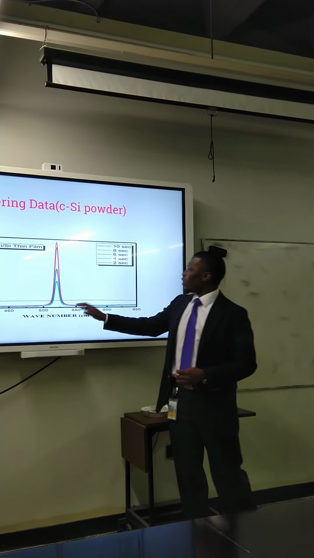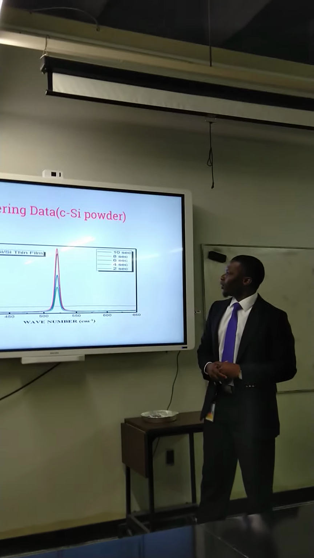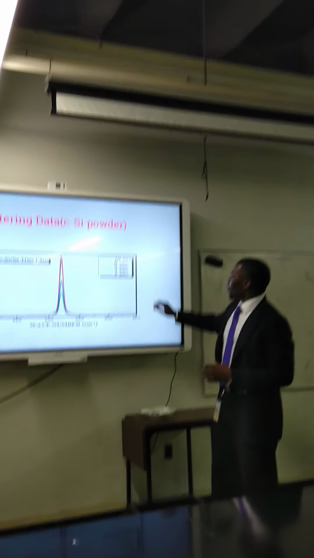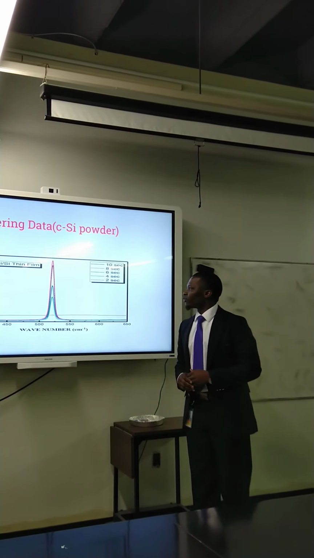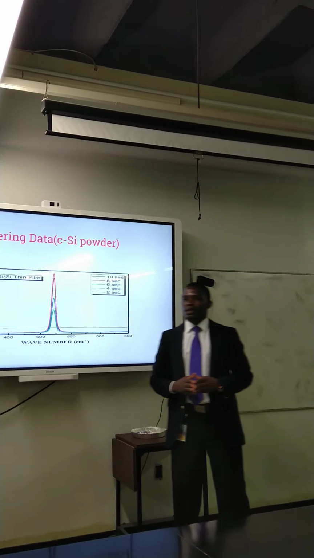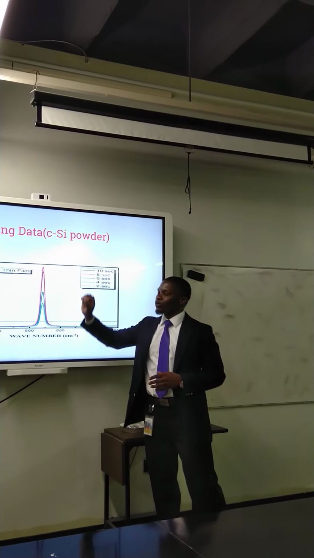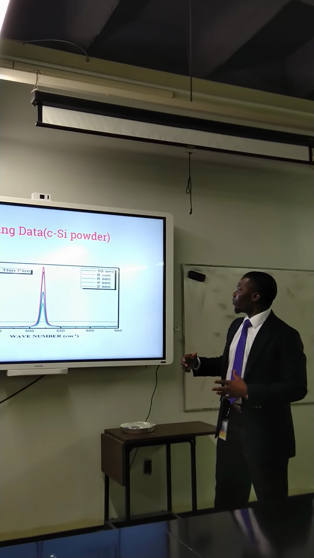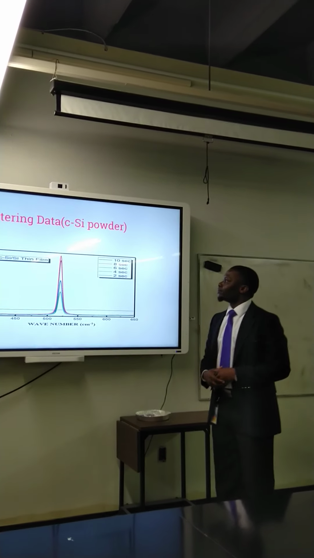But when you go to 10 seconds, for example, or 8 seconds, you see that the peak is at its most, which means the crystals were consistent in this one.